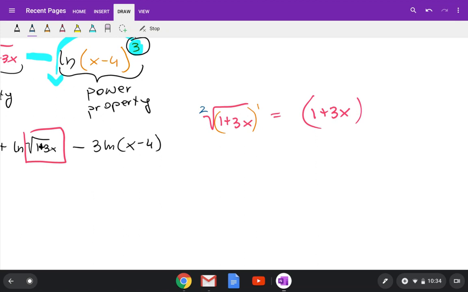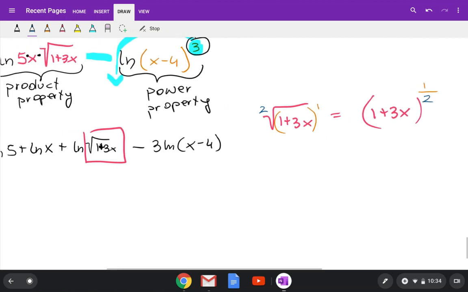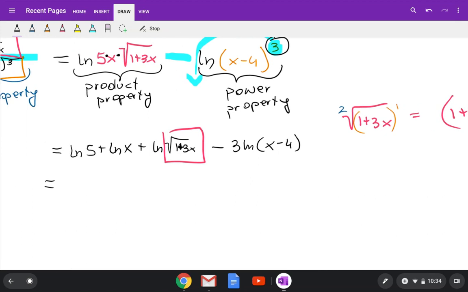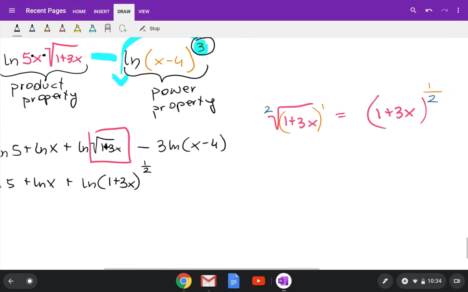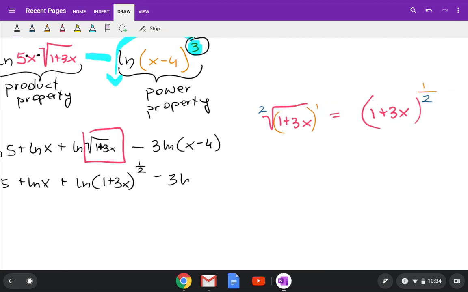So this is the same as 1 plus 3x to the power 1/2. The index of the radical is always your denominator. So let's rewrite that as ln of 5 plus ln of x plus ln of 1 plus 3x to the power of 1/2 minus 3 ln of x minus 4.